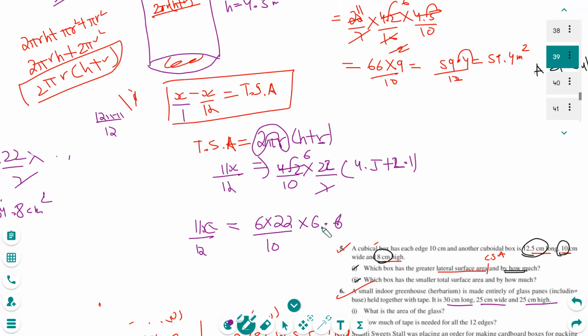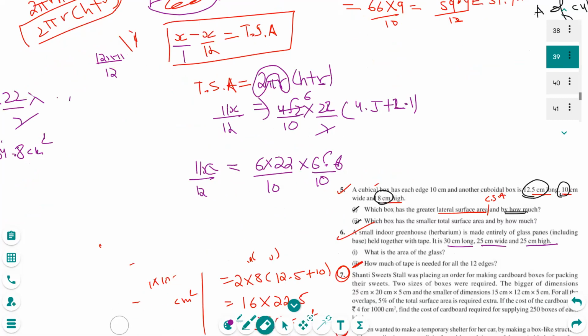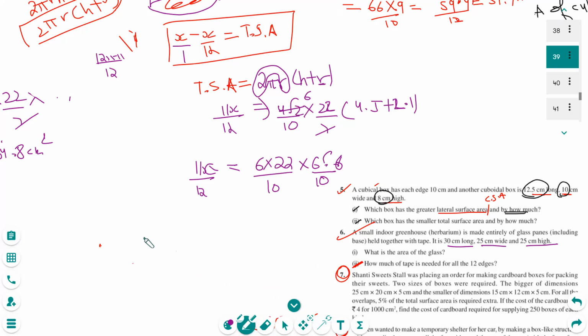Now I'm going to find the value of x. The calculation looks a bit tricky, but it isn't actually. If I cross multiply, 12 by 11 becomes the reciprocal. 22, 10, 66, 10. So 11 times 13.8, so 12 times 13.8.